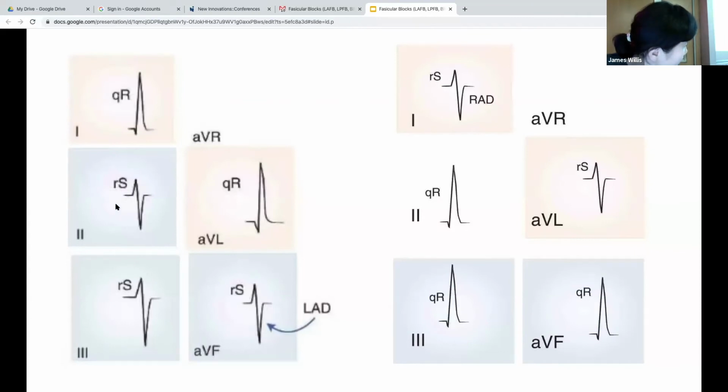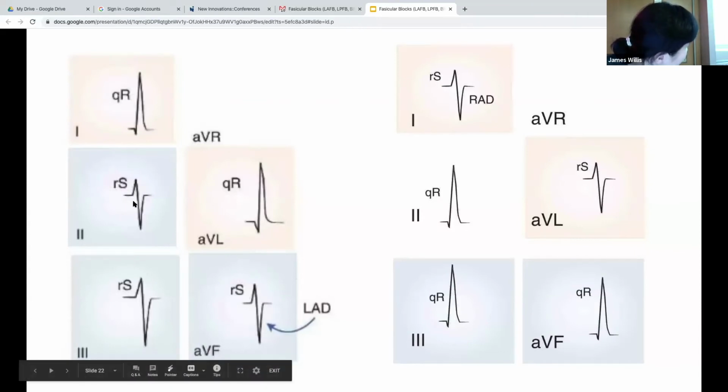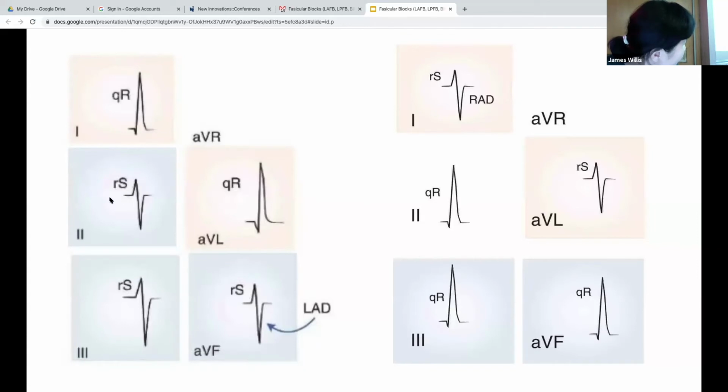Because the anterior blocks are more in the forefront, you first have the positive deflection, and then the negative deflection. So first positive and then negative. And in your left posterior fascicular blocks, because posterior is more in the back, in the inferior leads, you can just remember that it first goes down and then up. And you'll see in real EKGs, sometimes this is a lot more subtle, but this just helps to differentiate these morphologies that are really easy to get mixed up.